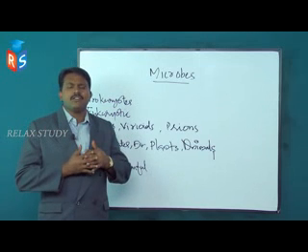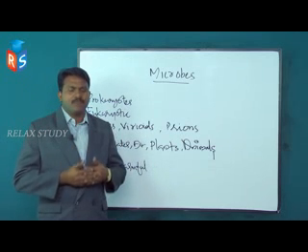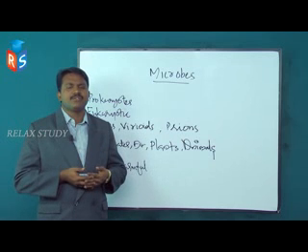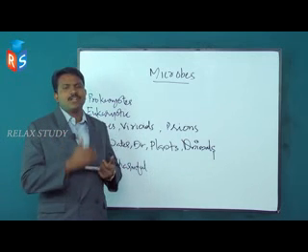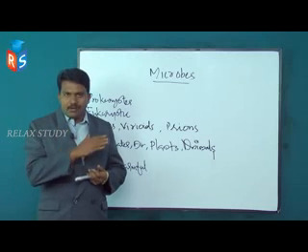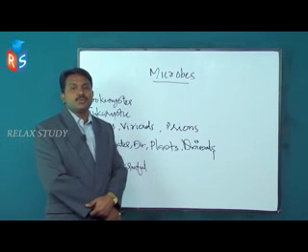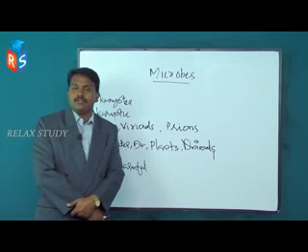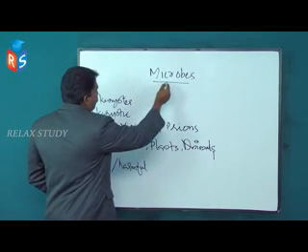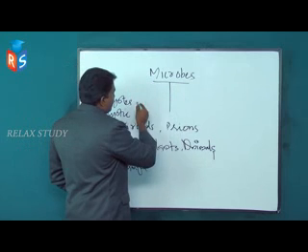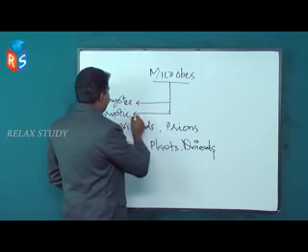Majority of the microbes, such as bacteria, viruses, viroids, prions, and fungi, can be grouped into the categories of prokaryotes and eukaryotes. So we can say microbes can be prokaryotes and they can be eukaryotes.